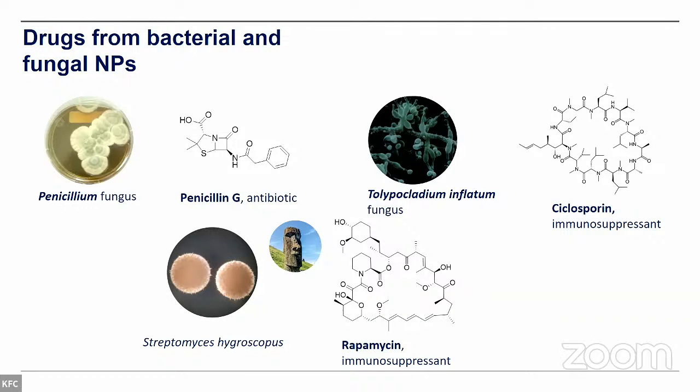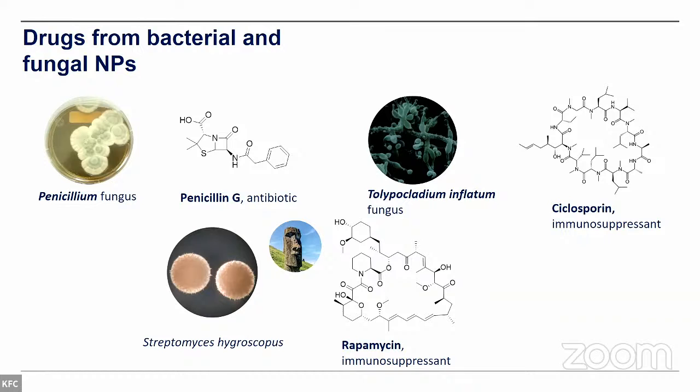This one was obtained from Streptomyces and has a very interesting history of discovery, because the bacteria from which it was obtained was found on Rapa Nui Island under these statues, and it's quite amazing. You can actually go there and find the plaque with the location where these species were isolated.